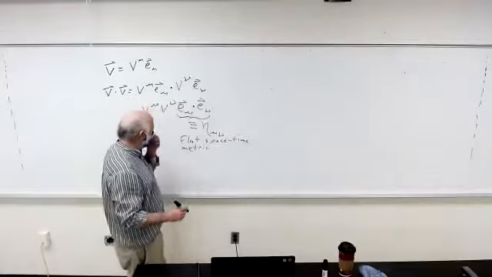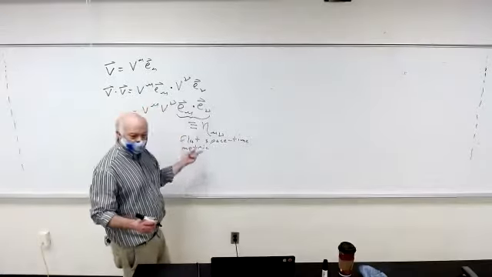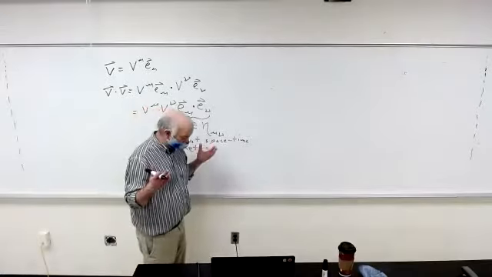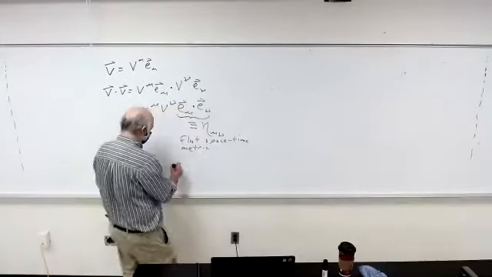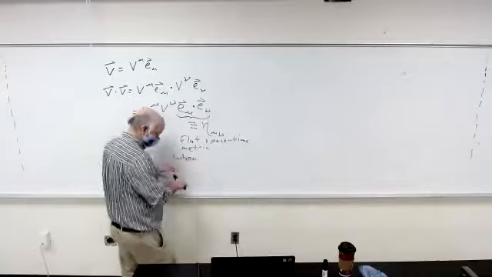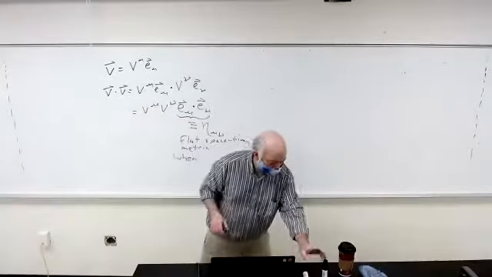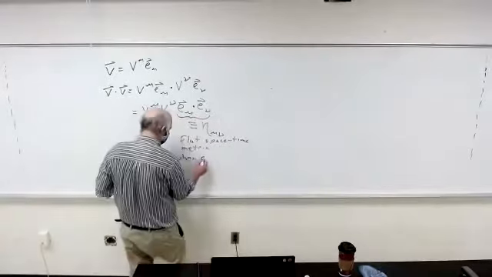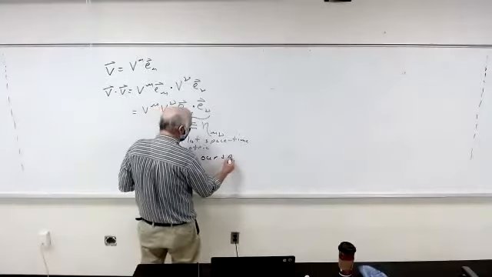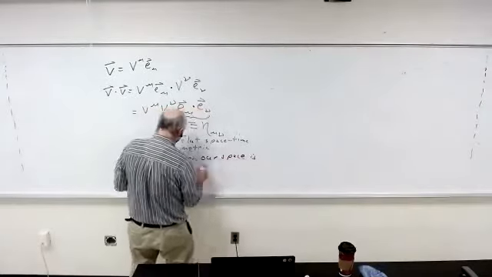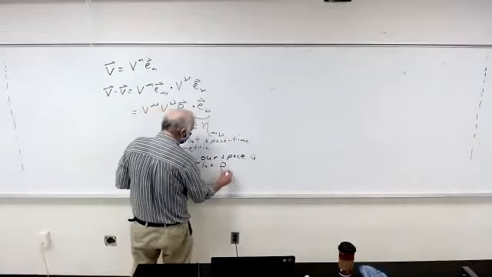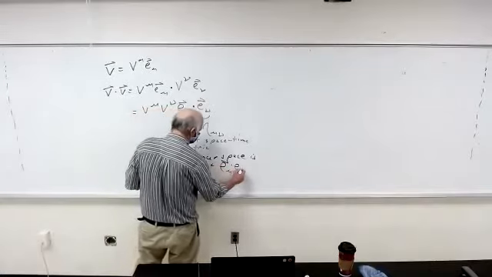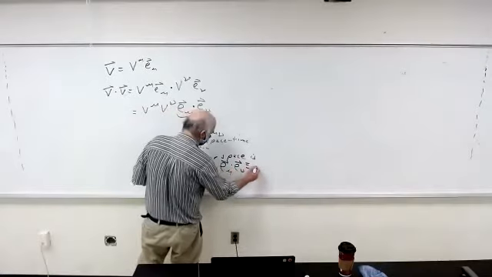Okay. So we said what happens is when we go to geometries which are not flat, this is going to become G mu nu. So when our space is not flat, this right here is going to be G mu nu.